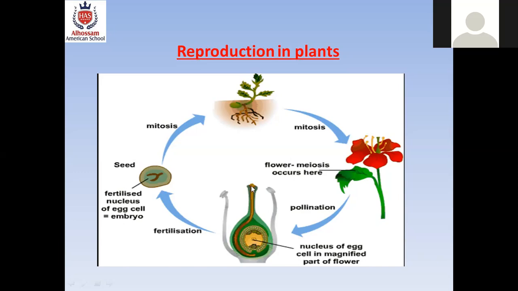Then it makes a tube, and this tube reaches the micropyle. It passes through this tube and enters the eggs to fertilize them. And then we have a fertilized seed.